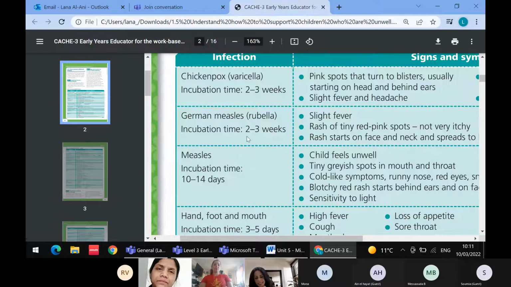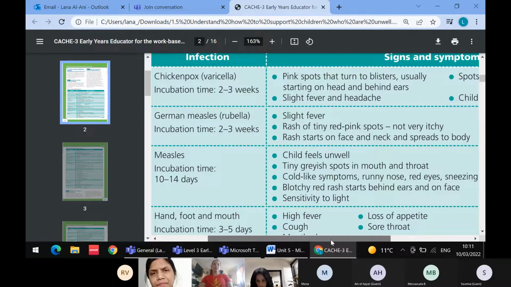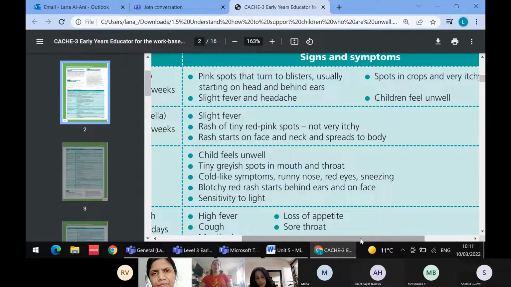German measles, it takes 2 to 3 weeks as well. So the German measles, first of all, it's a slight fever, rash, tiny red or pink spots. The rash will start on the face, neck, and then spread out to the body.